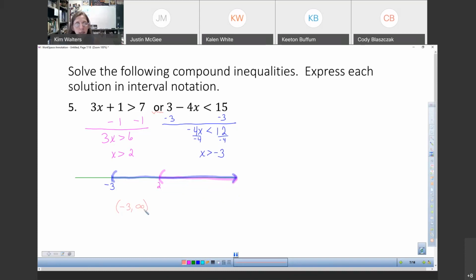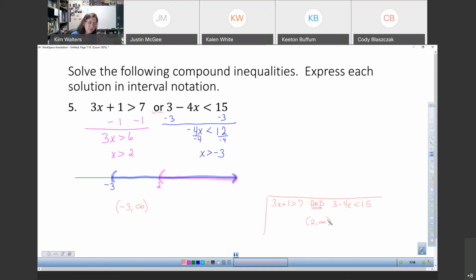I want you to think about something really quickly over here. I'm going to make a side note, okay? If this problem had been 3x plus 1 greater than 7, and notice the different connector word here, 3 minus 4x is less than 15, my solution would have been 2 to positive infinity, okay?